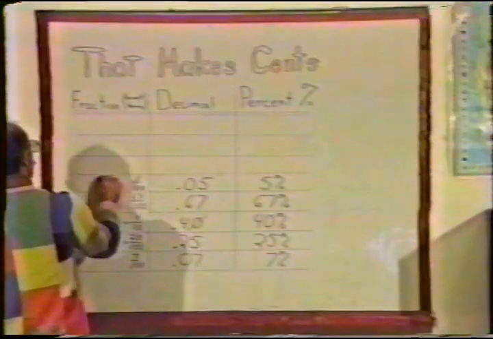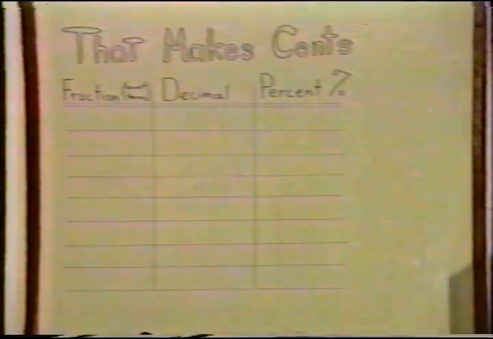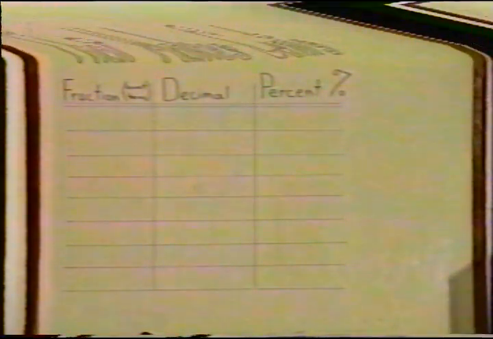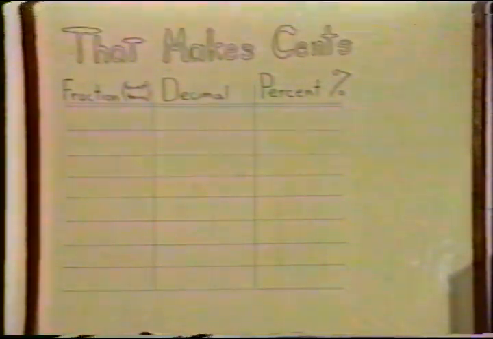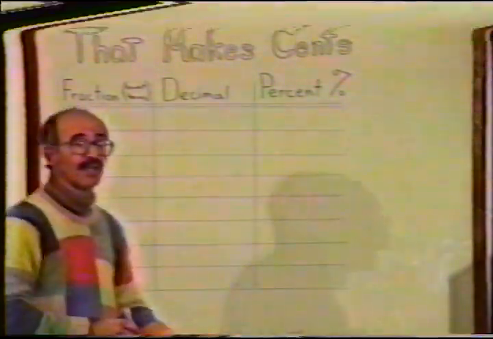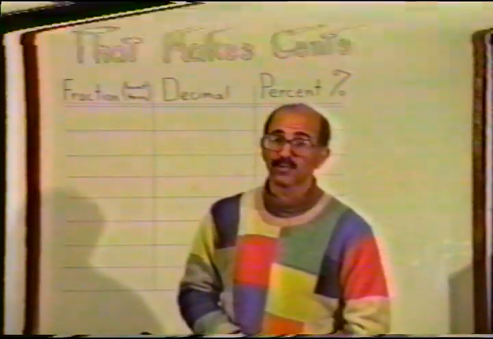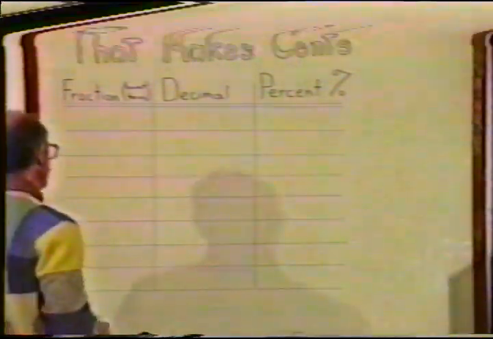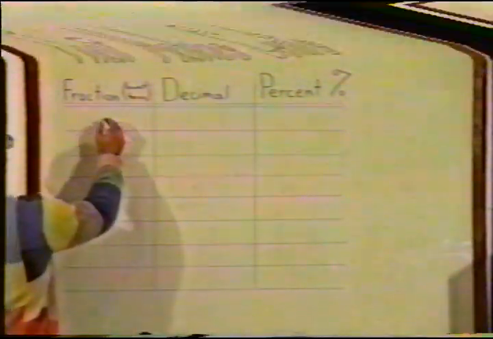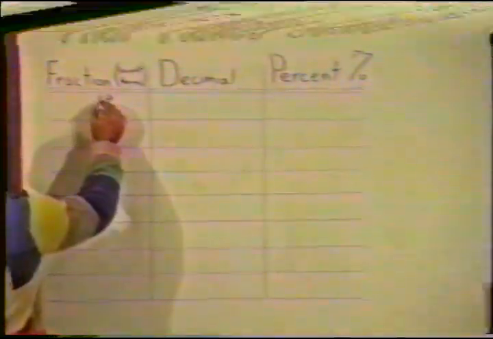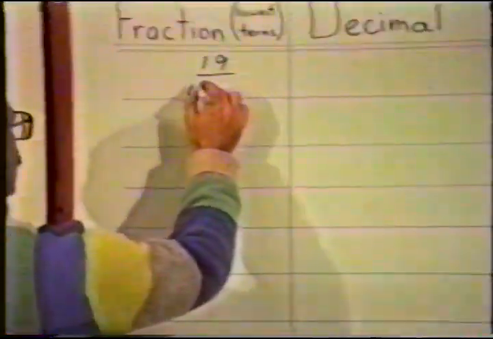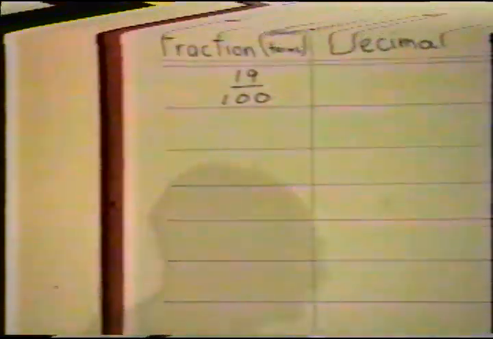This time we'll start with a fraction. What does this number say? 19 hundredths.